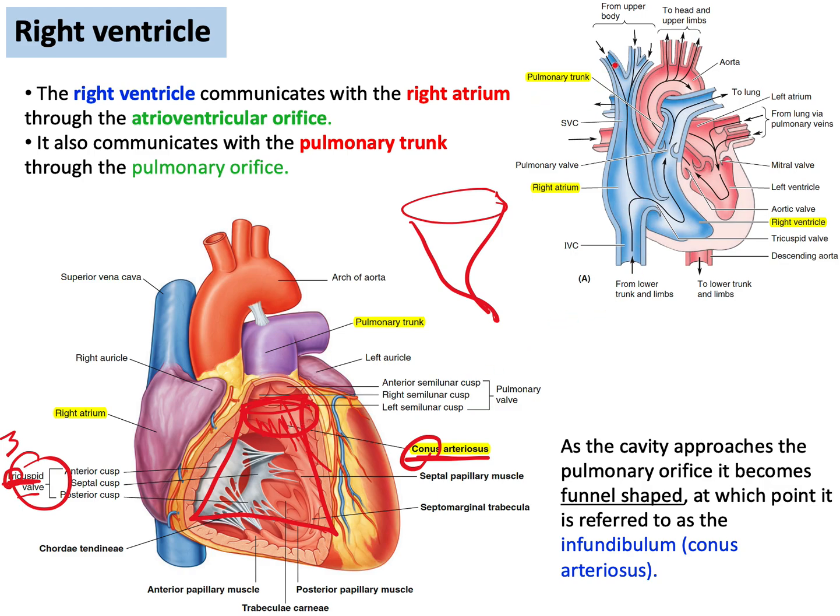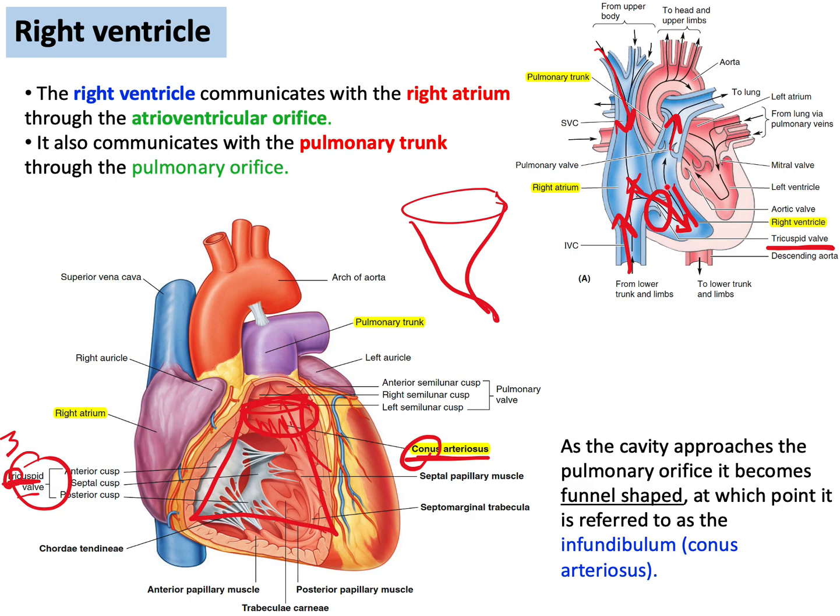Okay, so here the blood comes from the superior vena cava and inferior vena cava to the right atrium. Then from the right atrium, it moves to the right ventricle through the tricuspid valve. Then the blood is pumped from the right ventricle to the right and left lung through the pulmonary valve and pulmonary trunk.